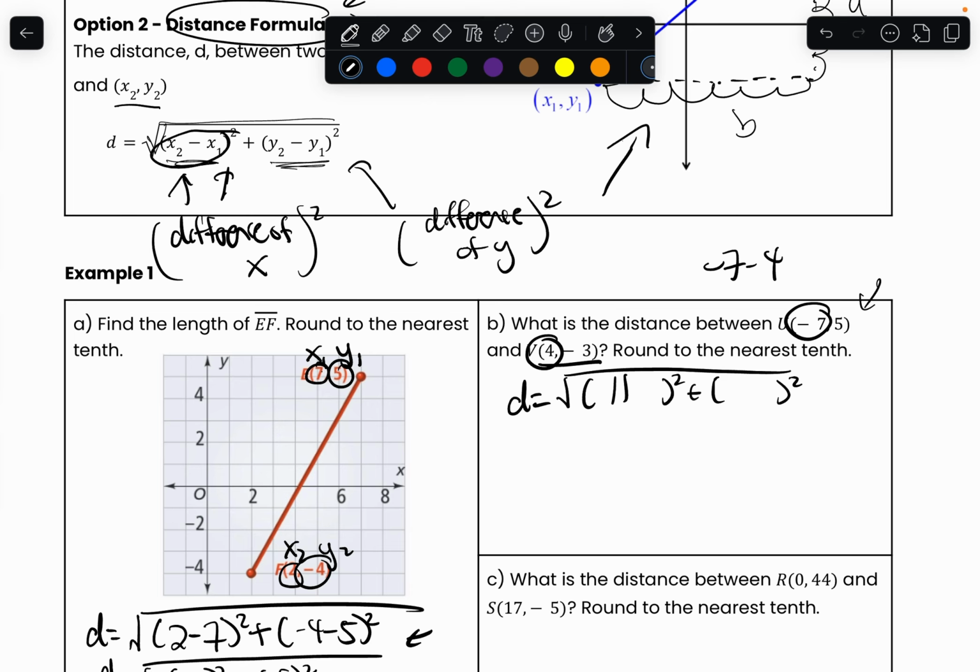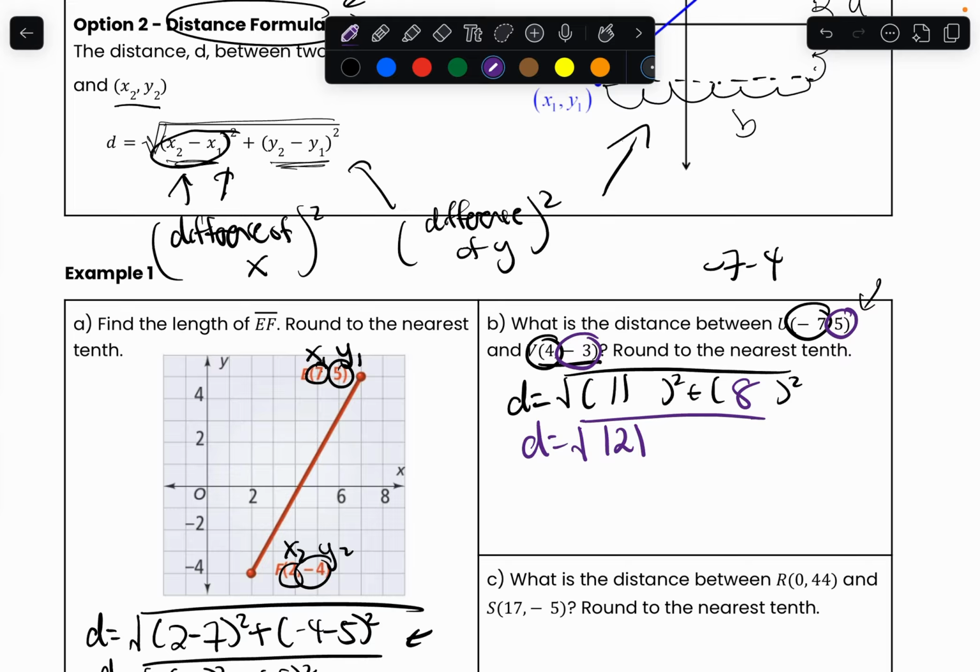Now, next one. We're going to find the difference between 5 and negative 3. Well, the distance between 5 and negative 3 will be 8. And then we will just simplify. Now, this becomes D equals the square root of 11 squared, which is 121, plus 8 squared, which is 64.